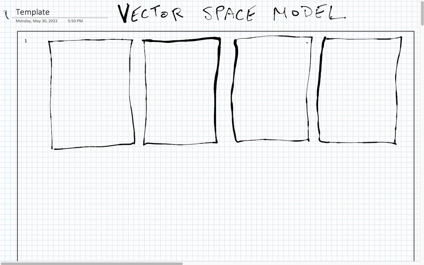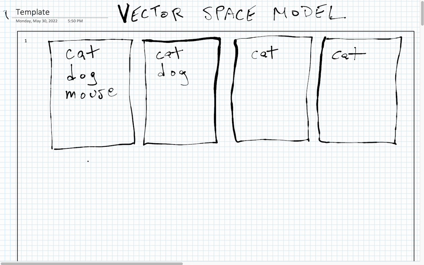And for the moment, I want to assume that we've got cat appearing in all of these documents. And let's assume that we have dog that is appearing like that. And then we have mouse. Now, there are a couple of things we have to do here. This is all notational. This is document D1.